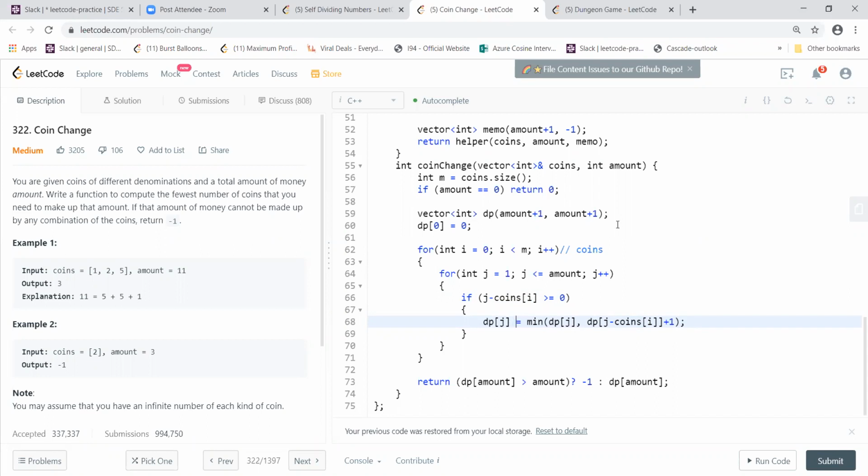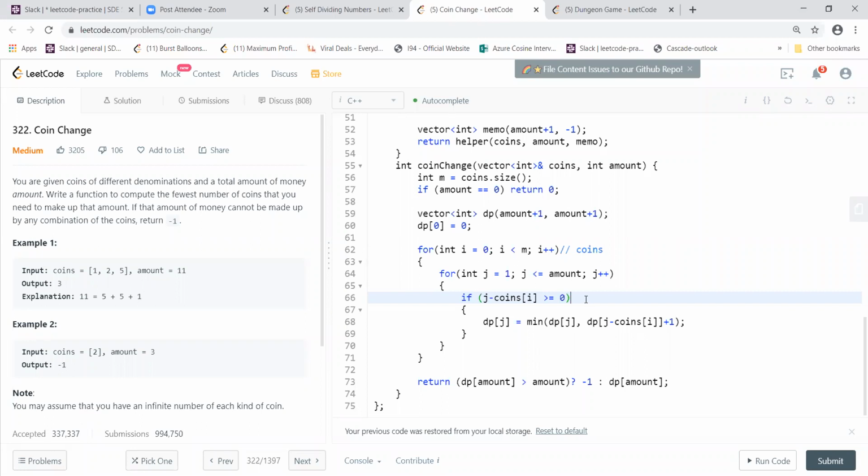Yeah, just a little observation: on line 64, if we set j equal to coins[i] in the inner for loop initialization, then we can remove the if statement on line 66.